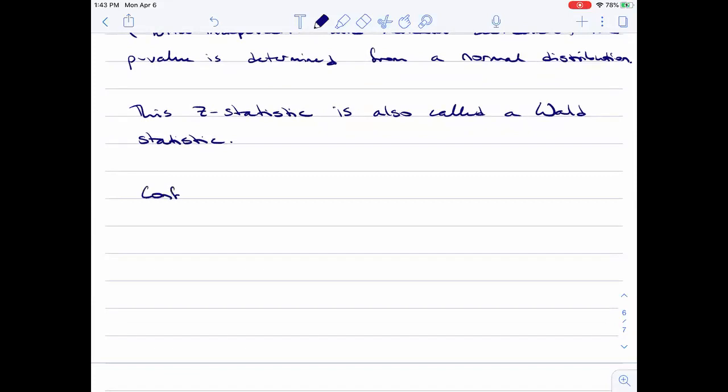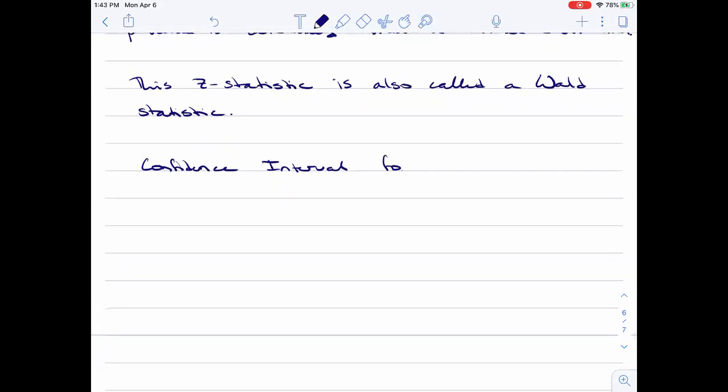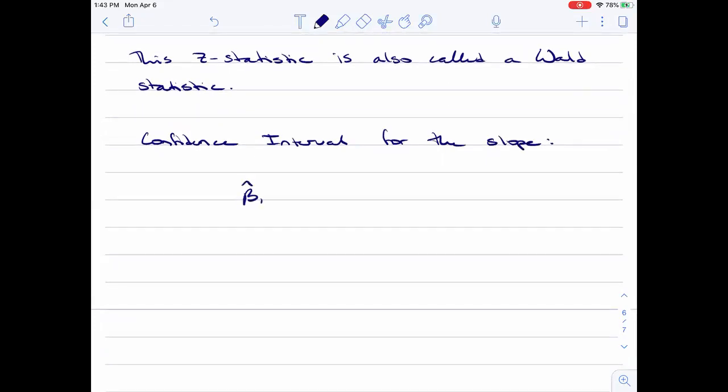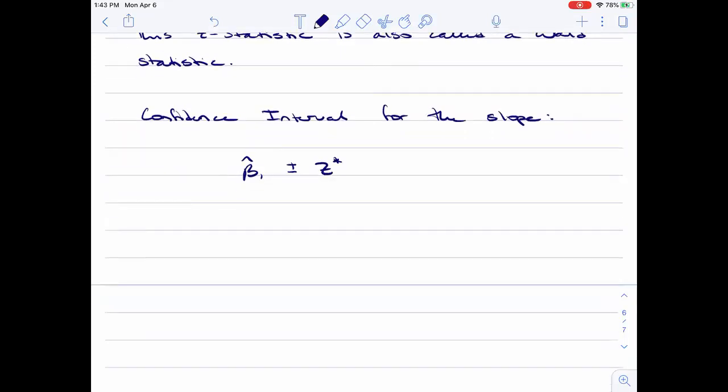So we can build a confidence interval. I guess the textbook uses the Minitab output because it gives you the confidence interval by default, whereas in R, of course, we have to tell it that we want to see the confidence interval. That's fine too. The confidence interval for the slope is beta 1 hat plus or minus Z star, usually 1.96 for a 95% confidence interval, times the standard error of beta 1 hat.